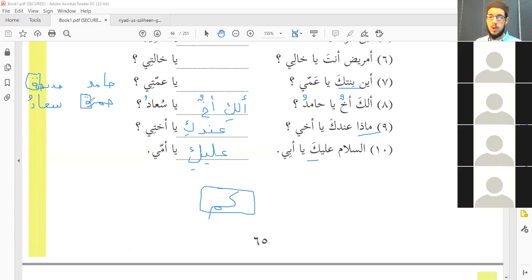This is a hukm aghlabi, a general rule. With ta marbuta, the vast majority of words with ta marbuta are feminine, both in meaning and linguistically, whereas a small minority, a few exceptions, are not. Good question.